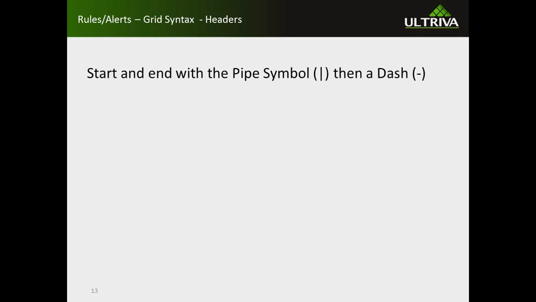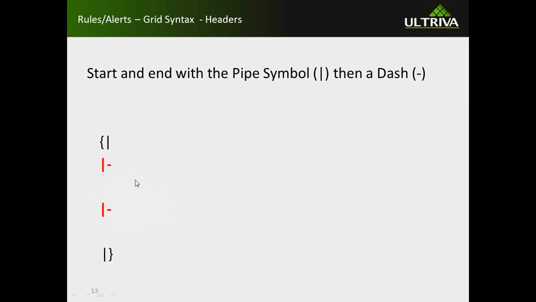The next thing we would want to add would be the headers. And for the headers, we start and end that with a pipe symbol and a dash so that it looks like this. And then the headers that we want are going to go in the middle of that.